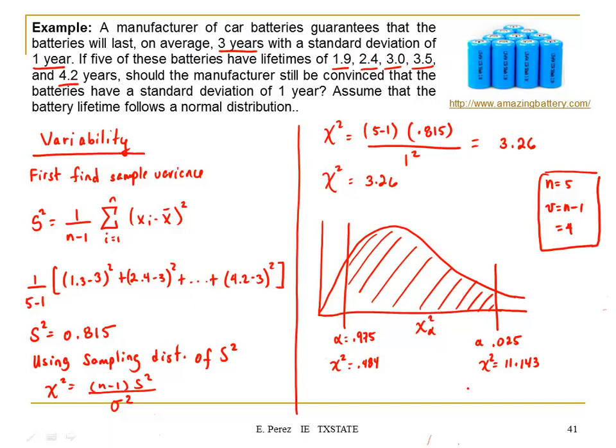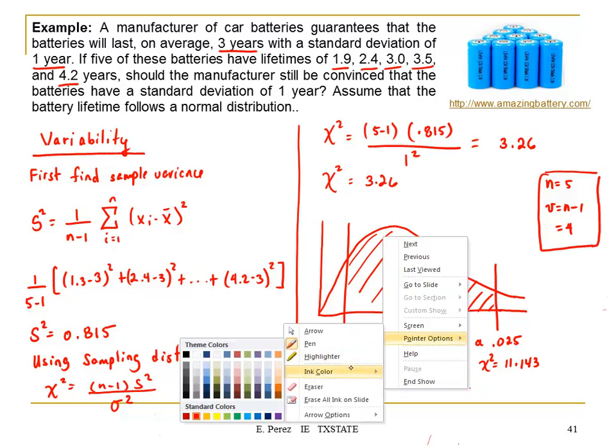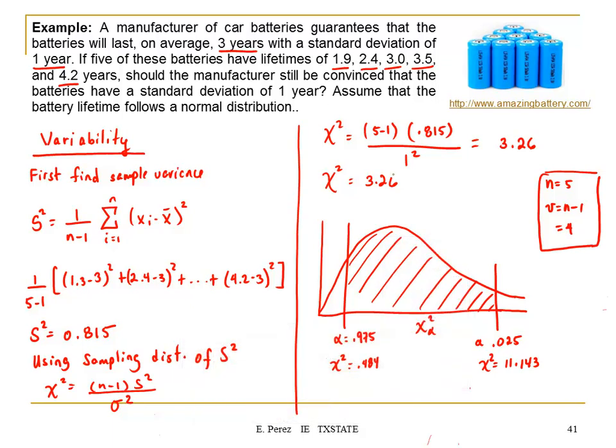So our computed chi-square, this one, is within this value and this value.